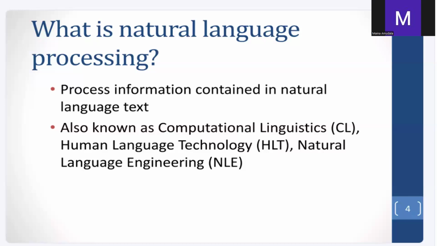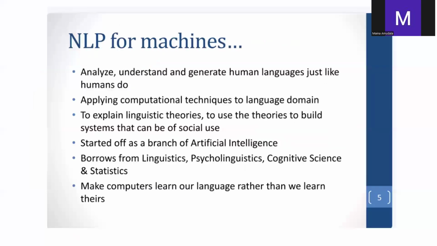In machine translation, we translate text from one language to another. We can also see this in speech recognition, converting spoken language to text, and in dialogue systems, generating human-like responses. These are the key aspects of using natural language processing.